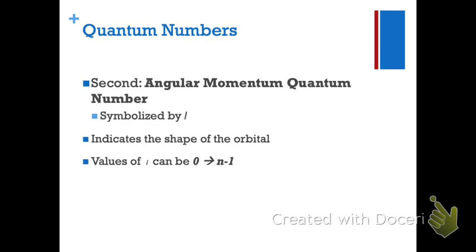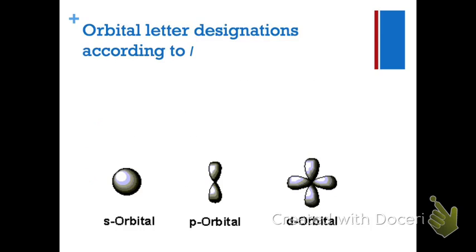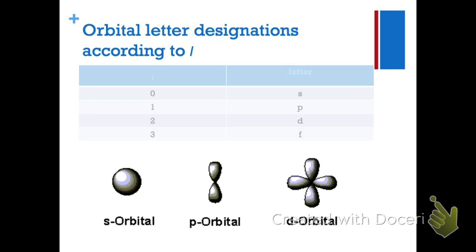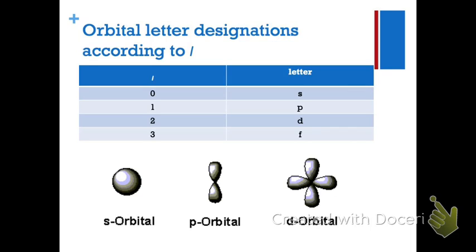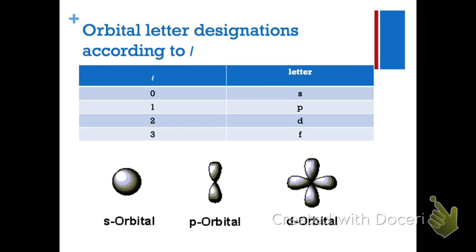Values of L can be 0 through n minus 1. And so I'm going to show you a different way to think about that here in this chart. If we know the electron is found in an s orbital, then the L value for that part of the quantum number is 0.